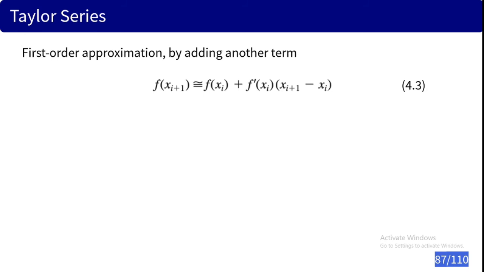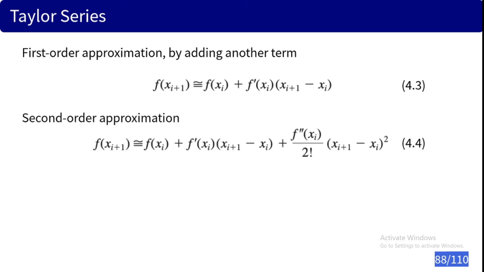So unsa man ang interval, gi-represent na to sa x sub I plus 1 minus x sub I. Okay? So pwede ta mag-set og kani nga term as step size or interval, then multiply na to sa first derivative sa itong function.